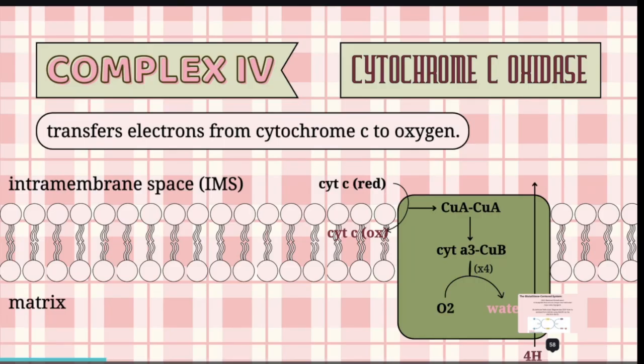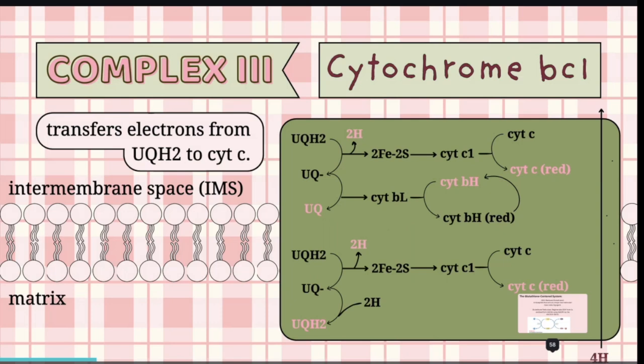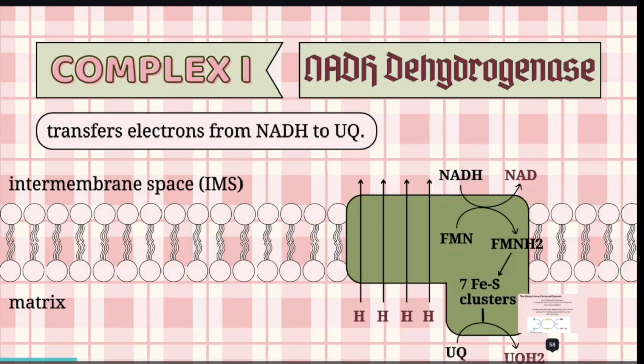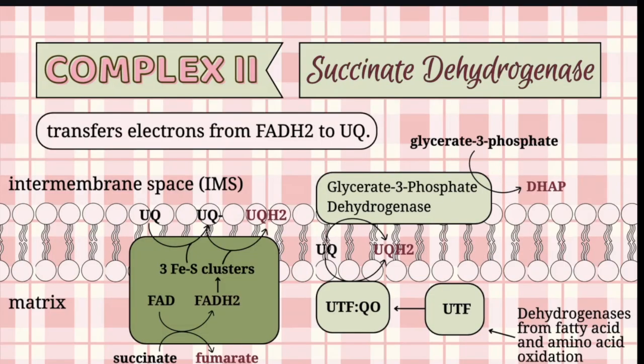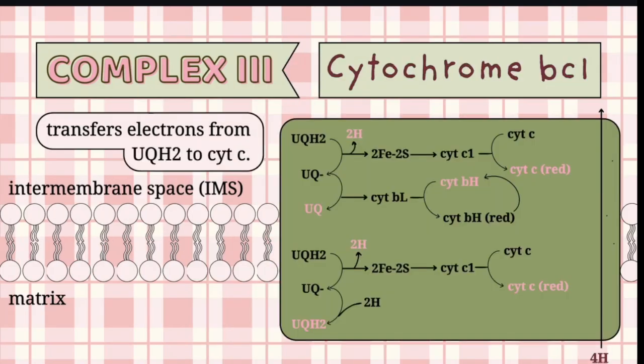Now, for NADH and FADH2, for both of them, when one NADH goes through complex 1, we get 4 protons pumped through complex 1. Now, FADH2 will not pump any protons through complex 2. Then each NADH and FADH2 will result in 2 Q cycles. Okay?